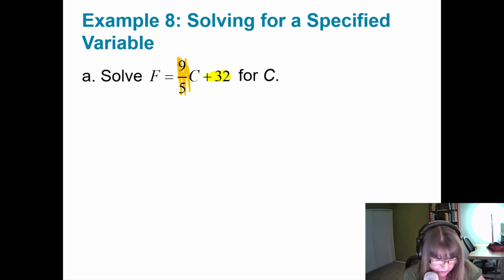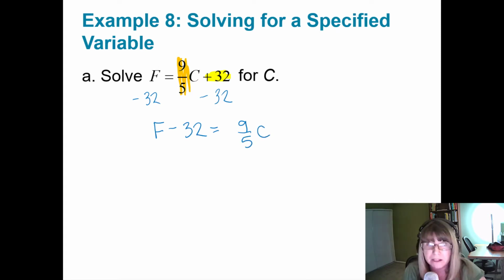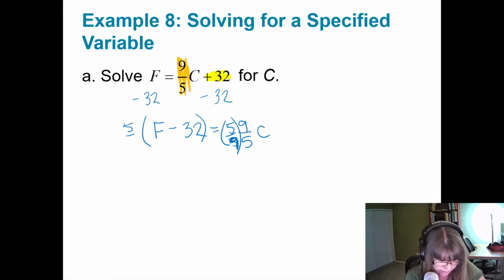All right, so I need to get rid of this positive 32 by saying subtract 32. I get Fahrenheit minus 32 equals 9/5 C. Now I want to get rid of this 9/5. To do that, multiply by the reciprocal. And what I do to one side, I have to multiply to the whole entire other side.